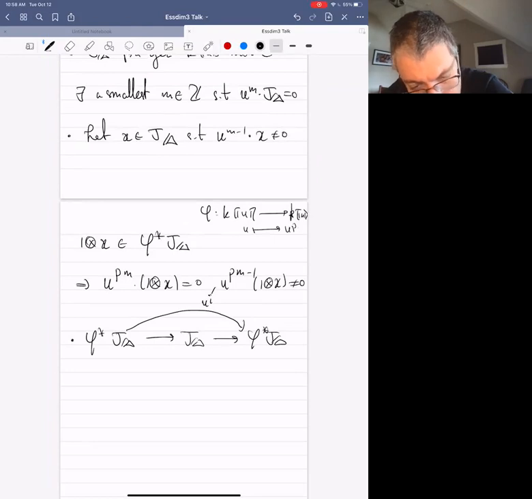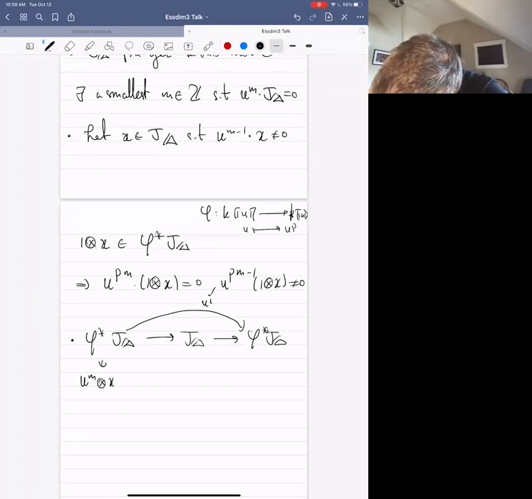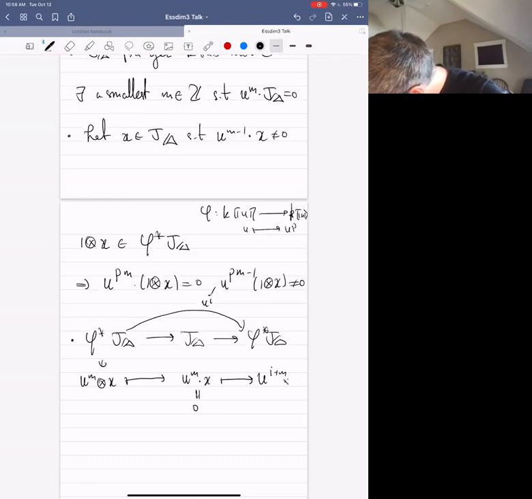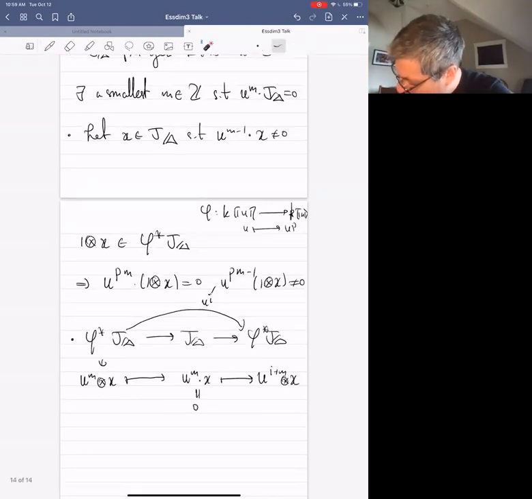So I'm going to consider in here the element tensor x. Okay. So this is a linear map. So this gets mapped to times x, which is 0. And then the composite is just u to the I plus m tensor x.